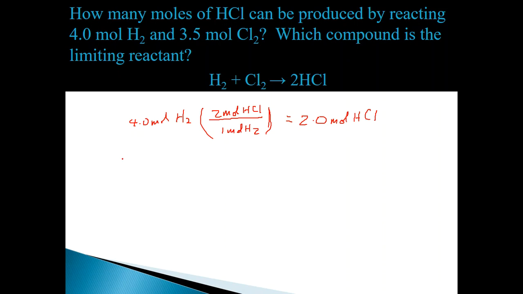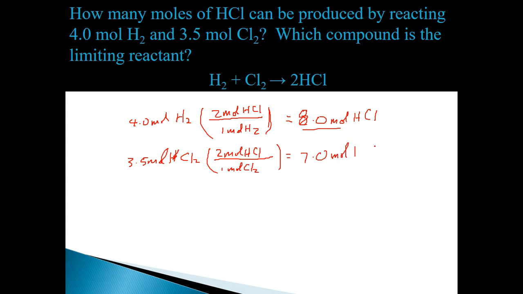All right, then if I do a similar calculation, this time starting with 3.5 moles of Cl2, I multiply by 2 moles of HCl above, 1 mole of Cl2 below, and this would be 7.0 moles of HCl.